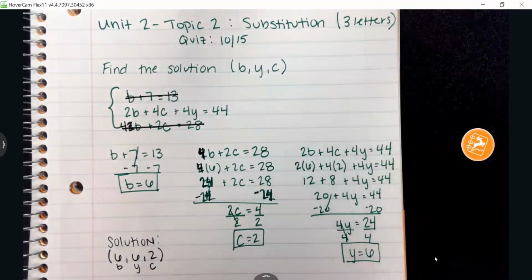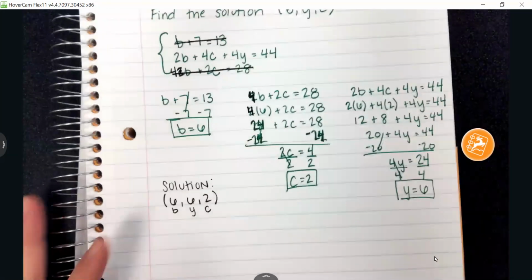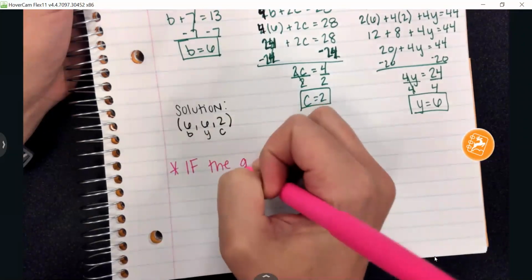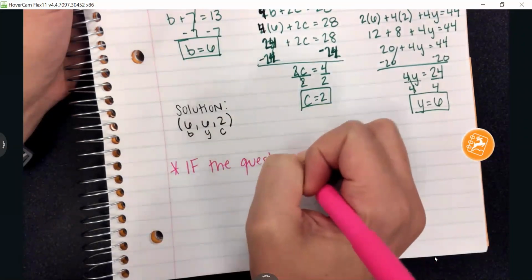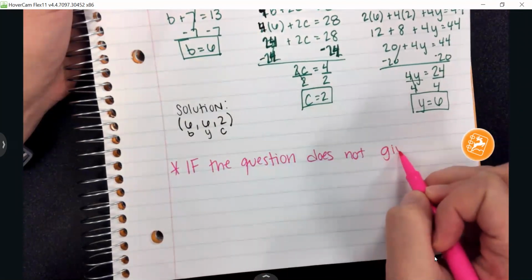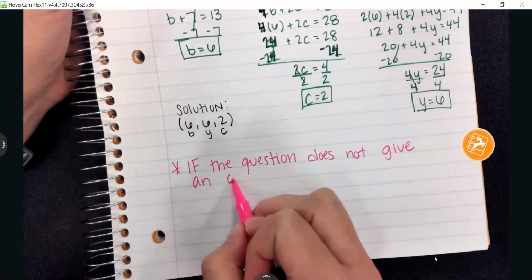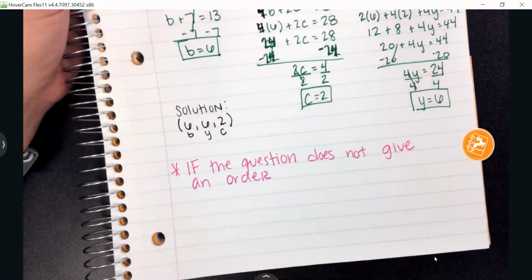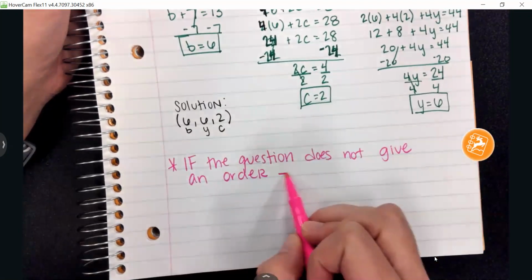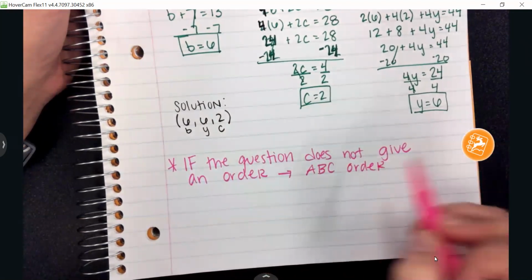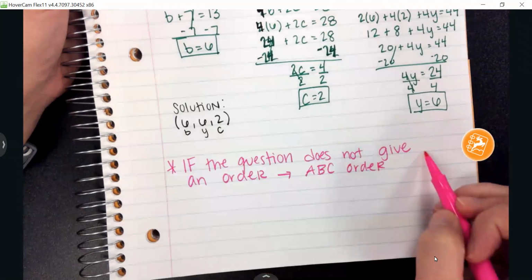And if you haven't listened today at all, I'd listen right now because this is a big must know. If the question does not specifically give you the order to put it in, you have to go in A, B, C order. Okay, that's a huge must know.